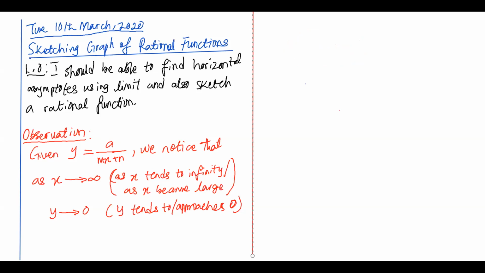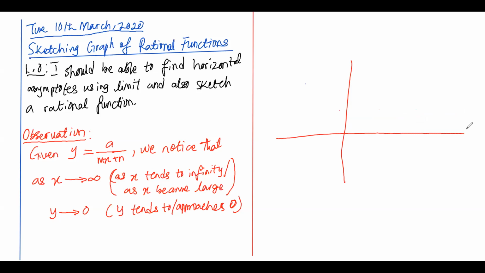If you look at your graph, this is actually what happens to the asymptote. Let me do a sketch. Asymptote looks like this. Now this says as x tends to infinity.